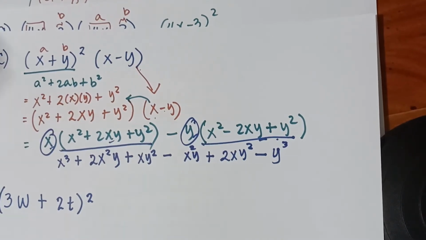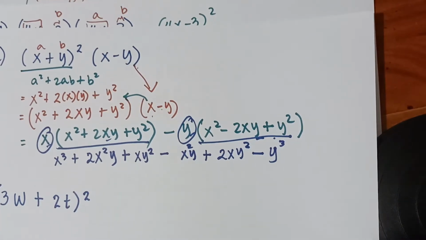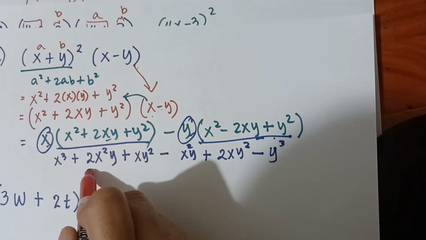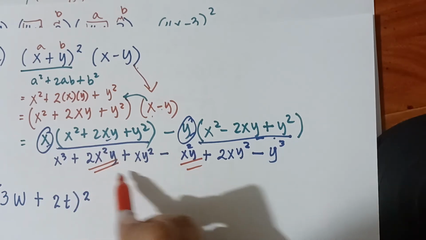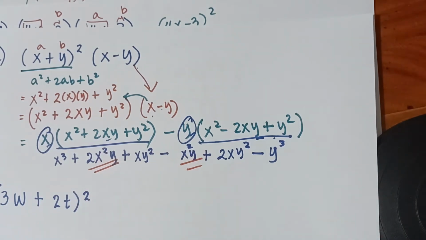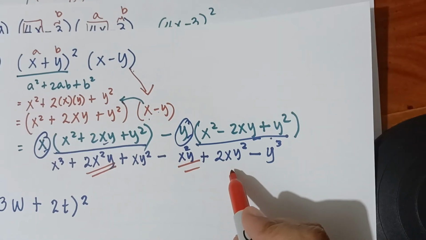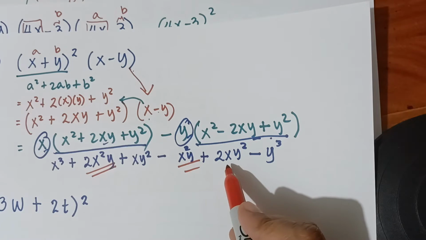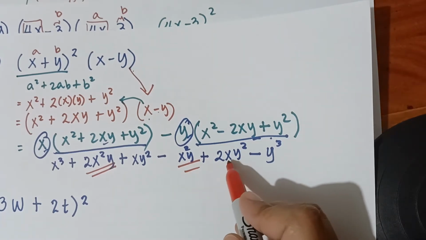You combine like terms. So, let's go back to our combining like terms. So, what are our like terms there? Our like terms are this and this: 2x squared y and x squared y. And this xy squared and this one, it is 2xy squared.